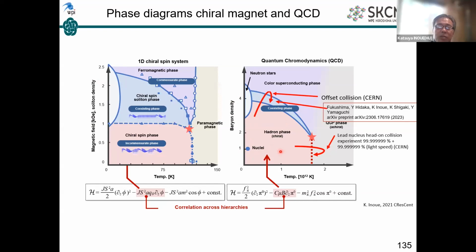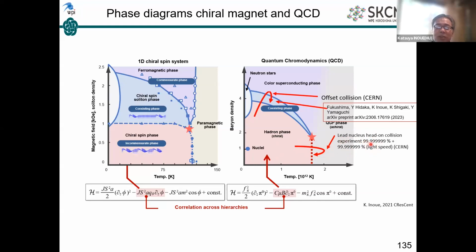But the QCD people have already tried to study this system experimentally. Very recently, the ALICE group, of which Shigaki sensei is a member, did this experiment. They collide lead nuclei at very close to the speed of light.